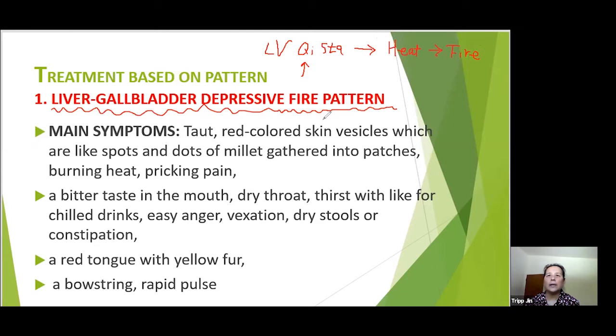Severe heat is fire, and fire easily rises up and causes problems. So usually we talk about liver fire rising up, which may cause headache, dizziness, red eyes, and red face.